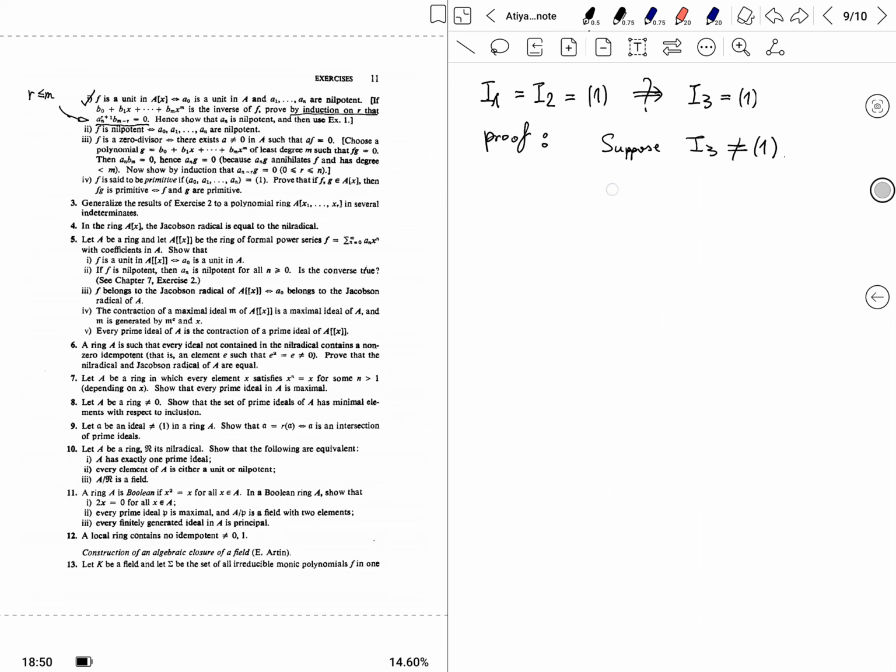There is some maximal ideal M containing this I3, right? And then I want to show that there is some contradiction, obviously.